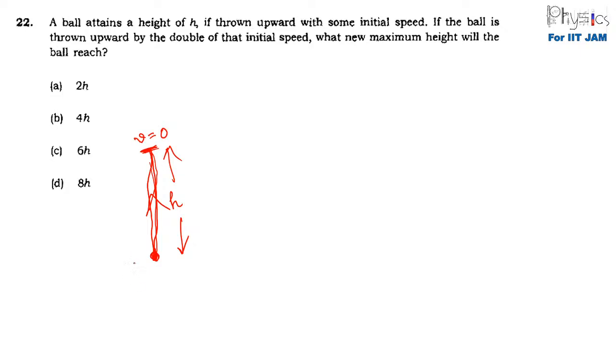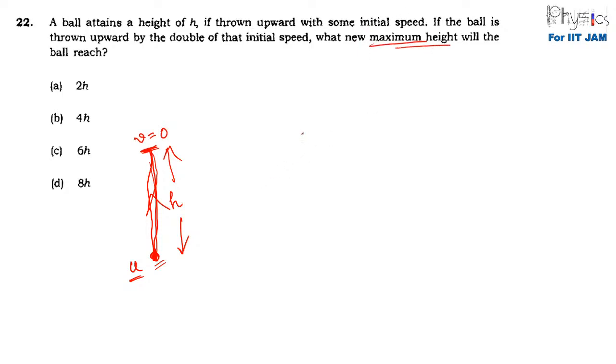And suppose our initial speed is u, and we don't know the value of u, but we know that if we double the speed, then we need to calculate the maximum height.